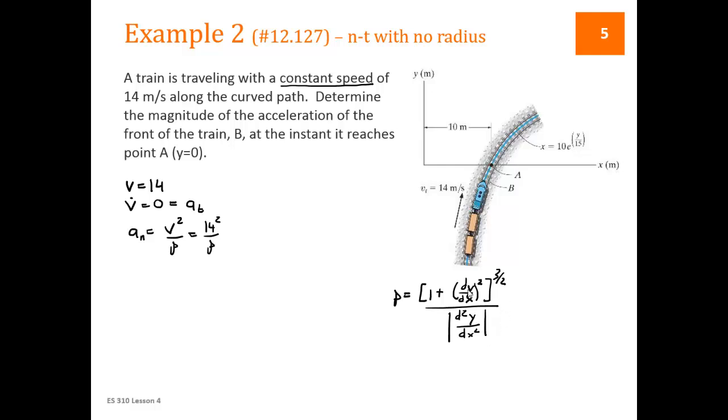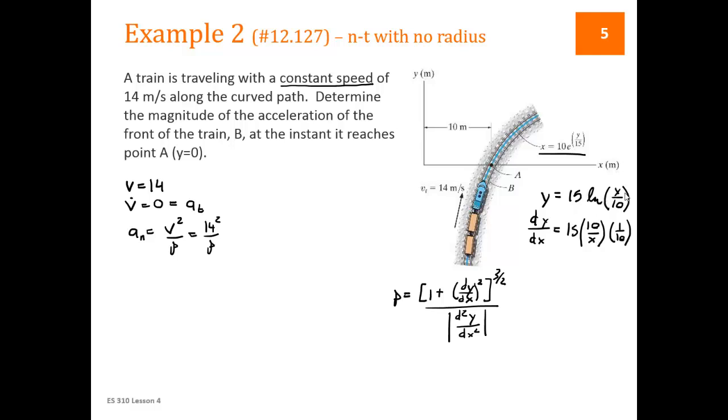We need to write y in terms of x. Currently we're given x in terms of y, so we'll turn that inside out. So y is equal to 15 ln, which is the inverse of e, of x over 10. The derivative of y with respect to x is going to be 15 times 10 over x times 1 over 10, which is the constant in front.